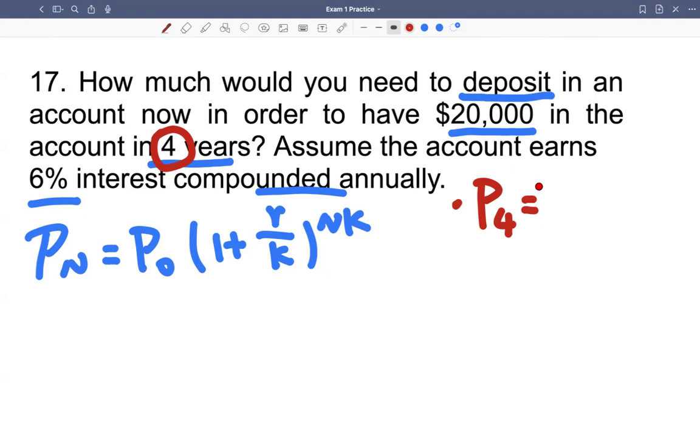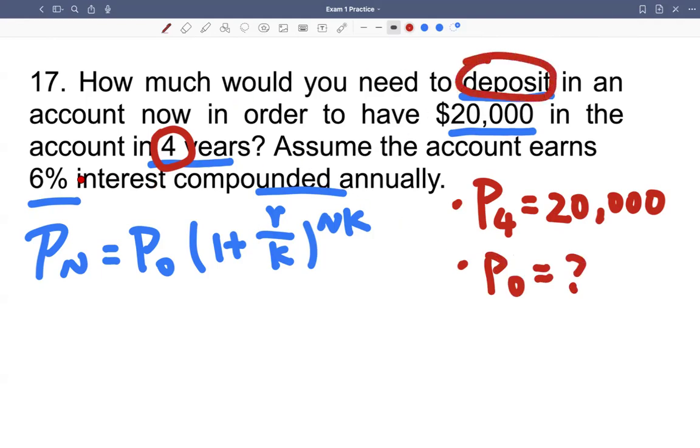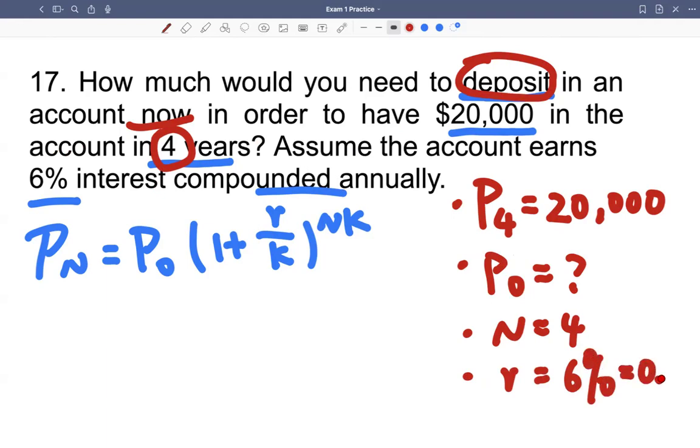So that's P4, that's not P0. Do we know P0? No. We're trying to find how much to deposit now. So we don't know P0. Then in 4 years, so we know N equals 4. And assume the account gives 6% interest, so R equals 6%, 0.06.